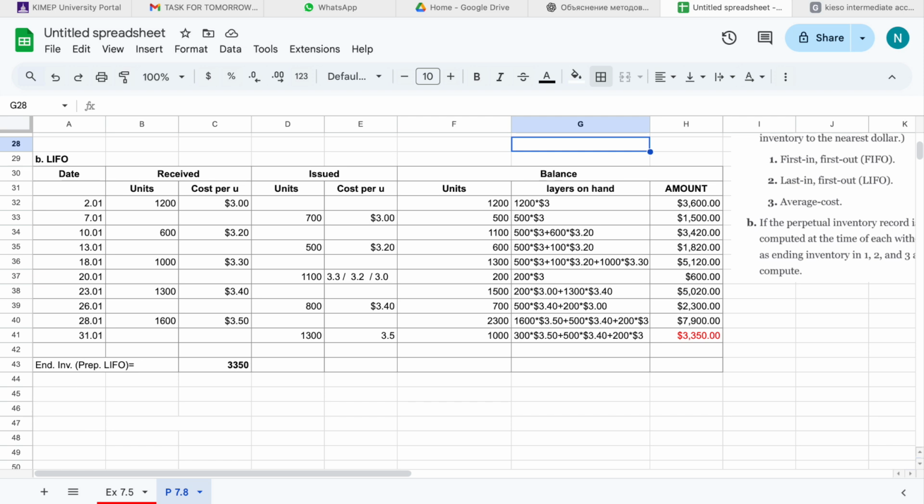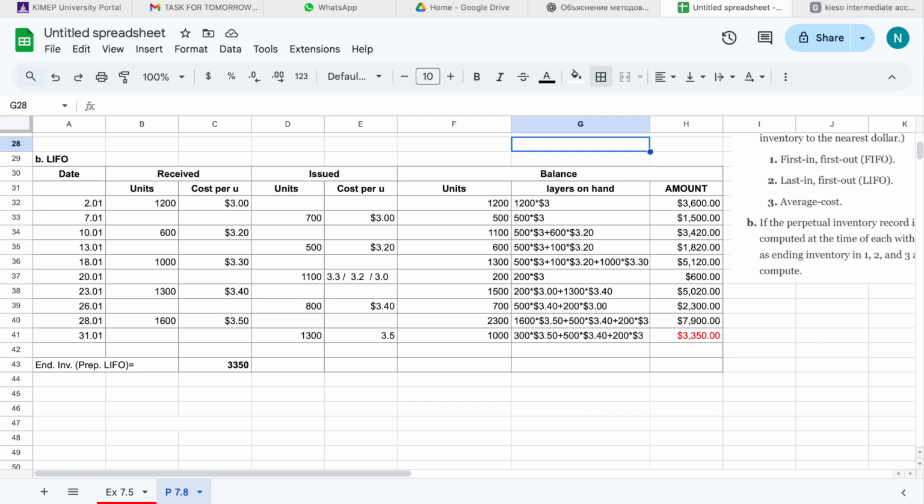So this gives us an amount of $2,300. For the January 28th buy of 1,600, we have the first layer at $3.50, the second layer 500 units at 3.40 and the third layer 200 at $3. That is going to give us a total amount of 7,900. On January 31st, we see the issue of 1,300 units.